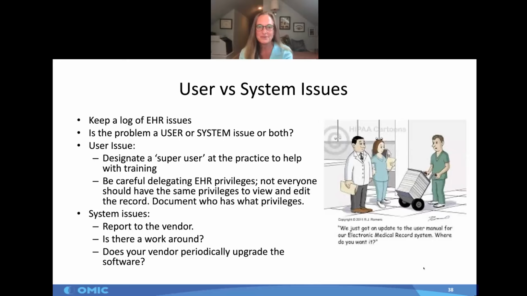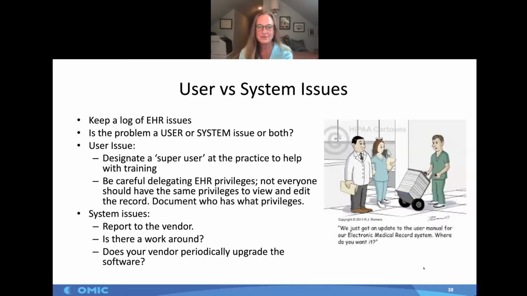You want to ask if there's a workaround. And then with user issues, really it's a training issue. If you designate a super user, there's always somebody in the office that likes computers or is really good at it, and they can generally help people who don't have as much training to learn the system.